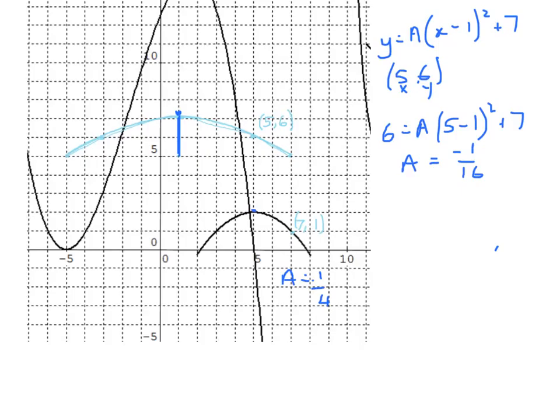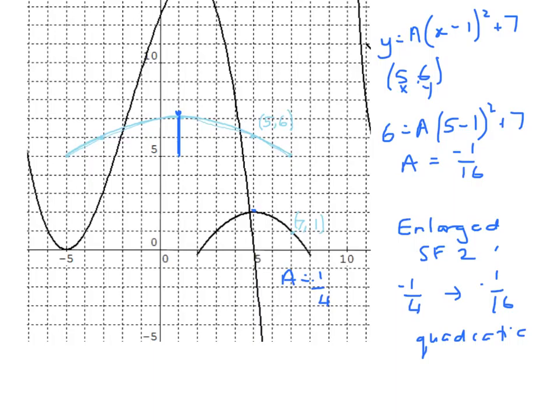By enlarging it, I've actually just widened it by a scale factor of 2, but I've kept the same height. So from negative 1/4, it's gone to negative 1/16. So that's a quadratic relationship. It's been squared. 4 has been squared to become 16.